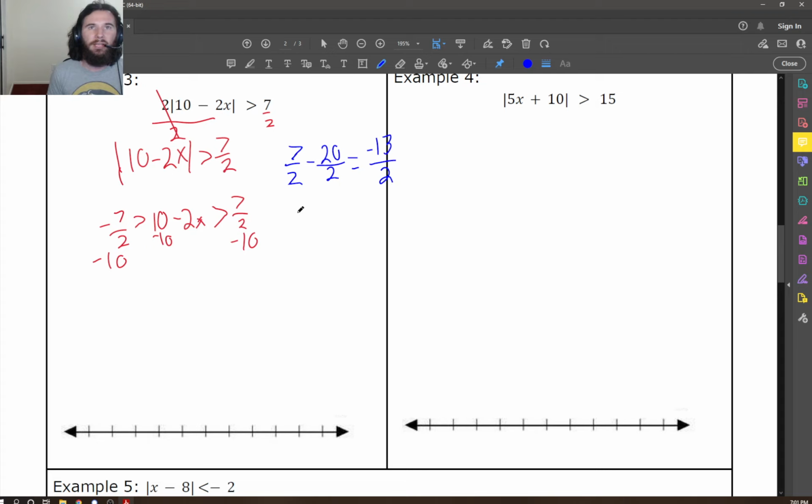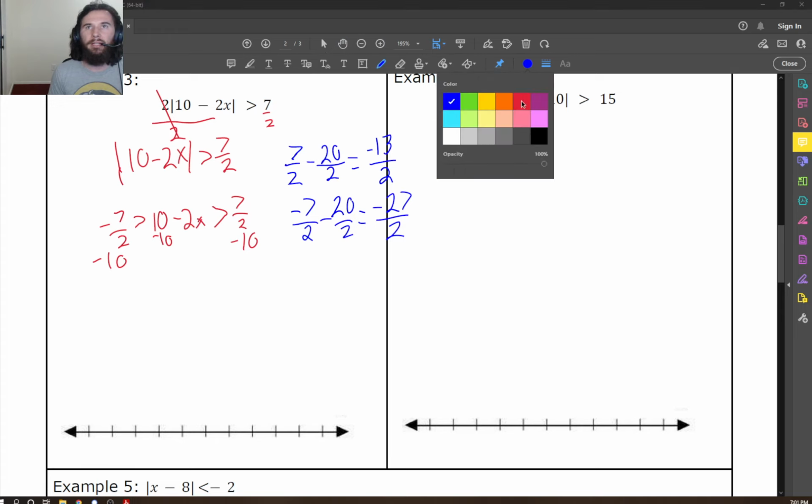And then negative 7/2 minus 20/2. I get negative 7 minus 20 is going to be negative 27/2.